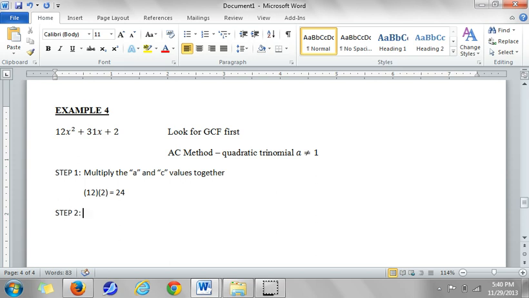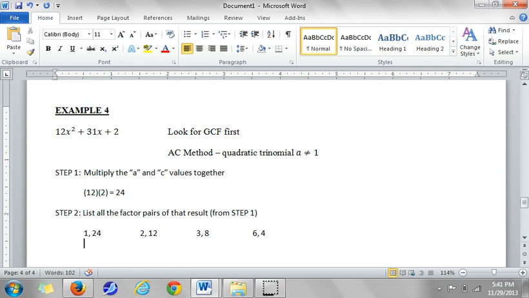Step 2, list all the factor pairs of that result from step 1. So we need factor pairs of 24. That would be 1 and 24, 2 and 12, 3 and 8, 6 and 4, and then we also want to include all of the negative values as well.